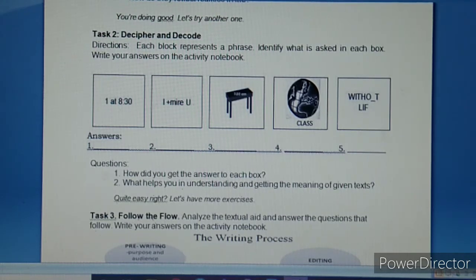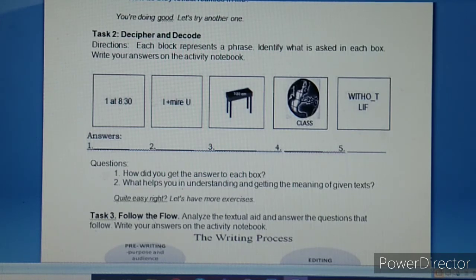Next, number 2. We have the words I plus Meyer plus you. I, Meyer, you. So the correct answer for number 2 is I admire you. Without you. And then we have the word life. The word life is also incomplete because the letter E is not there. So we have two words, without and life.